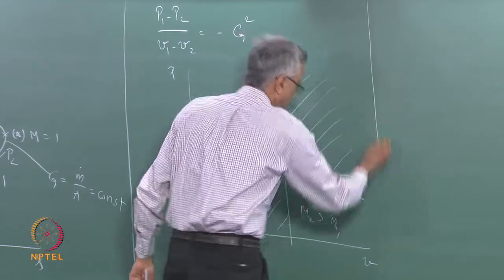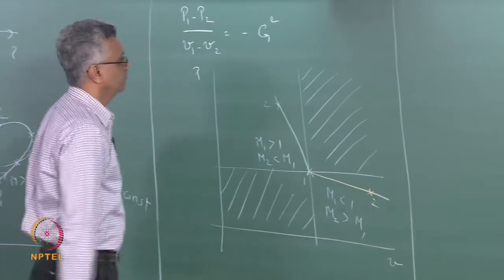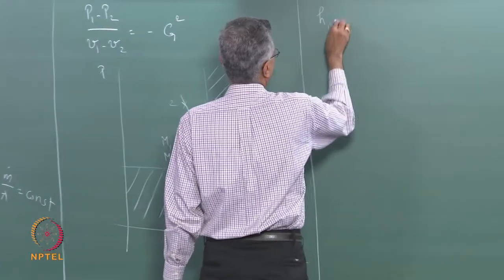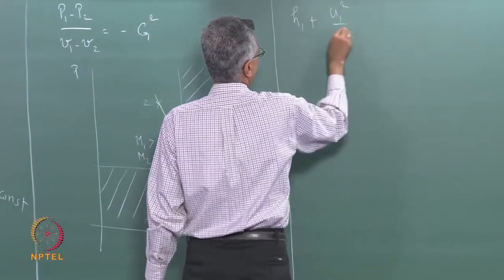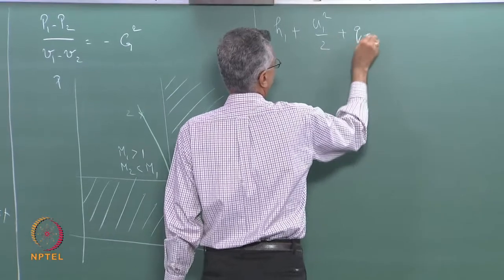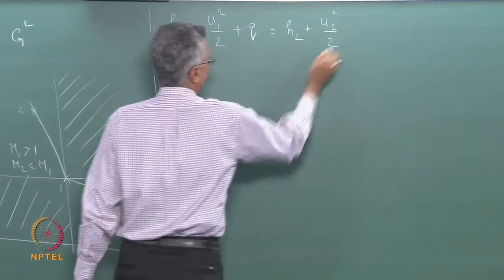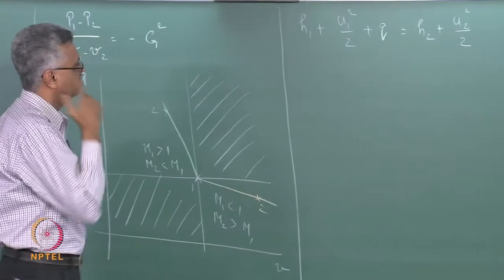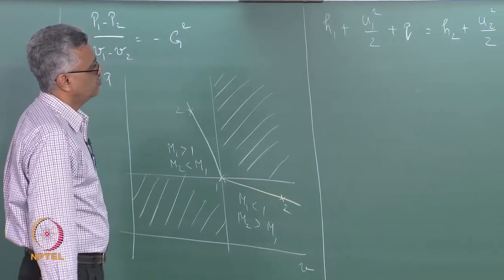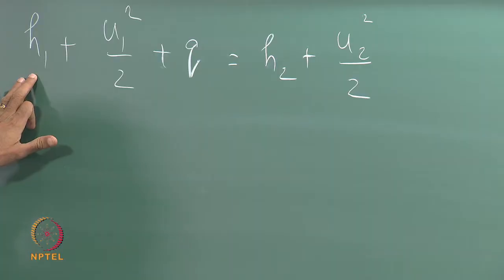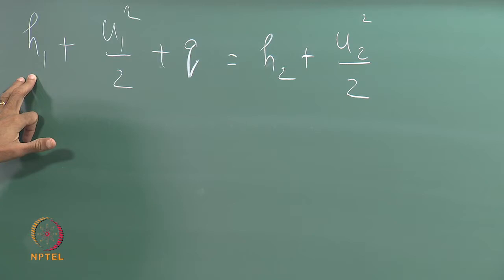Now, we are going to look at the H curve, and if you remember, the energy equation for this case looks like this: H1 plus U1 square over 2 plus Q is equal to H2 plus U2 square over 2. And one important note about this quantity Q is, remember, the enthalpy has units of kilojoule per kilogram.